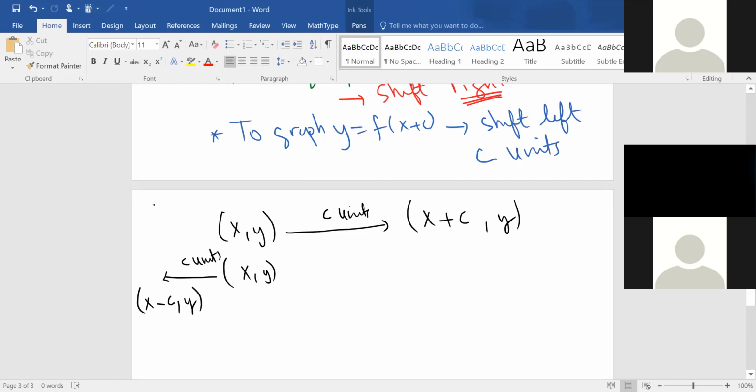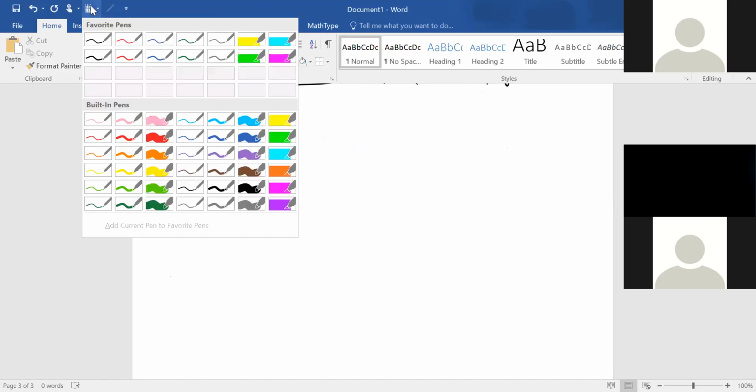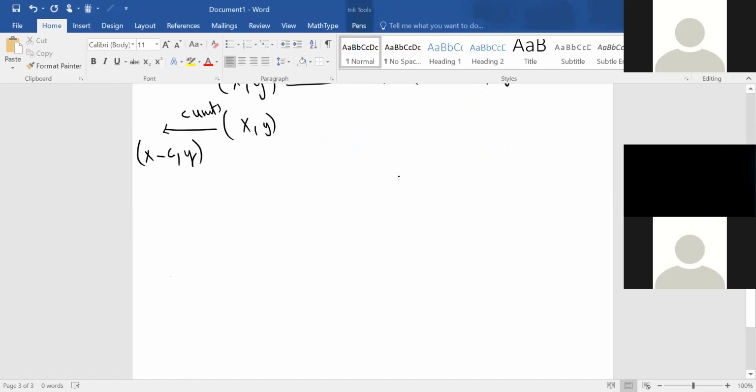If c is positive. All right, so the domain could change, the range does not change at all. So what you could see, not in this test, but in another one, or the next quiz, is something like this.